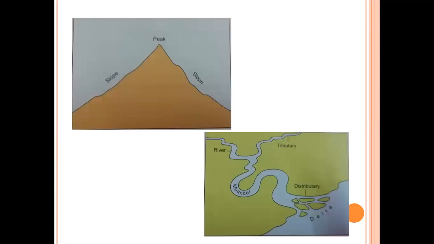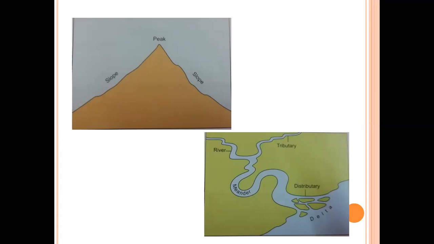Let us see the example of diagrams. There are two pictures here. One is that of a mountain and the other is a graphical representation of how a river flows into a sea or an ocean. They are both diagrams.